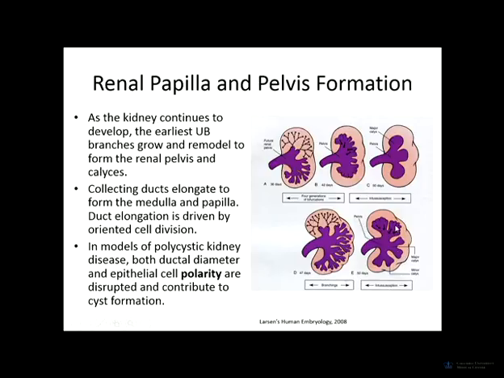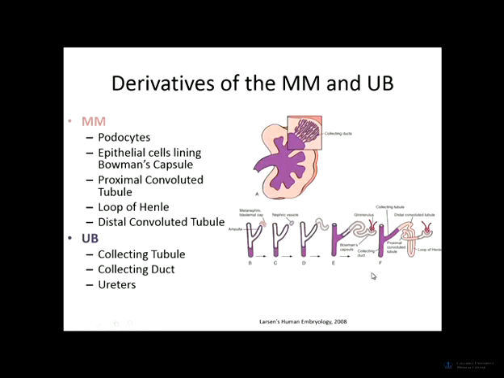There's also a bit of remodeling that goes on. So the original branches, they fuse together and they end up forming the calyces in the kidney. So here's the calyx, a minor, major calyx, and the renal pelvis, which is actually where all of the urine collects and then flows into the bladder downstream.